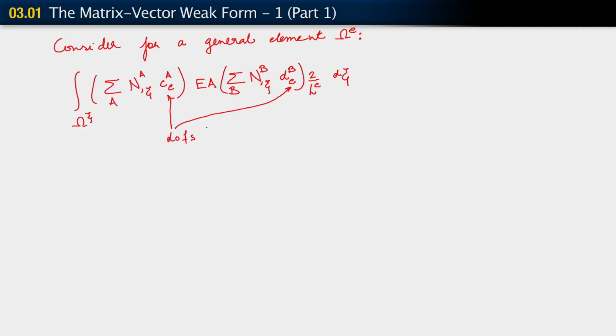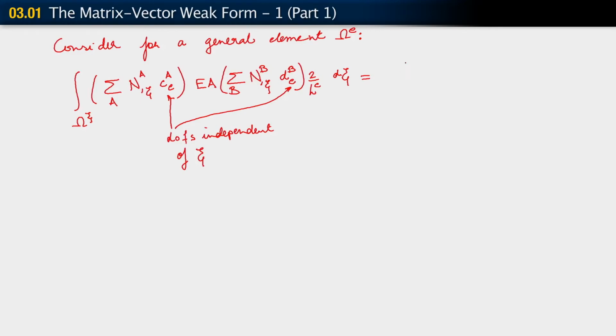So what we do is to recognize that these degrees of freedom are independent of the variable of integration, they're independent of xi, because these are the actual degrees of freedom that are being interpolated by basis functions that are being expressed in terms of xi. As a result, we can pull them out of the integral. So that allows us to write this out as follows.